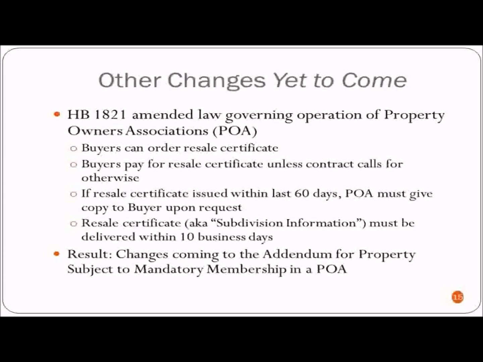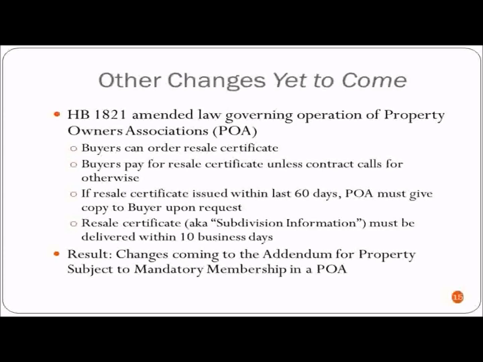And then finally, what's important, I think, to you all is that the resale certificate must be delivered within 10 business days. What is not known, I don't think, by the public at large is that currently under the law, the Homeowners Association or Property Owners Association has really a total of 17 days to deliver the homeowners information to us.